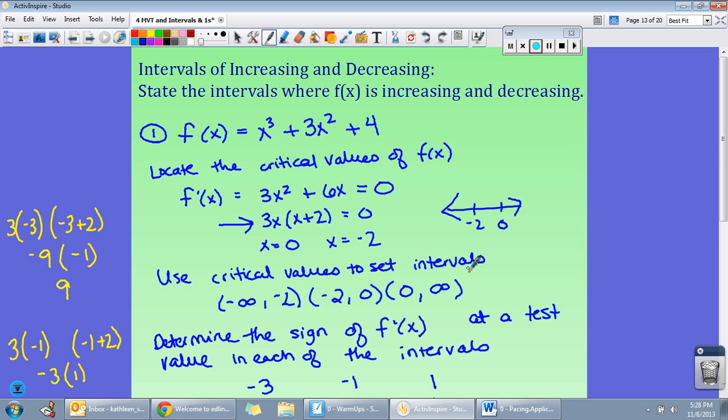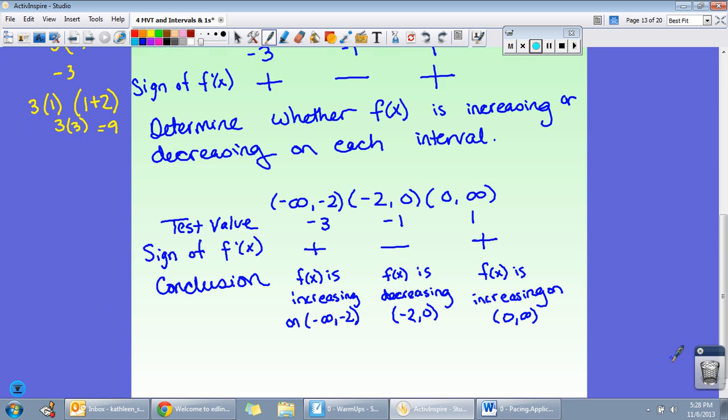On the example that we did previously, we have a change from positive to negative right here at x equals negative 2.